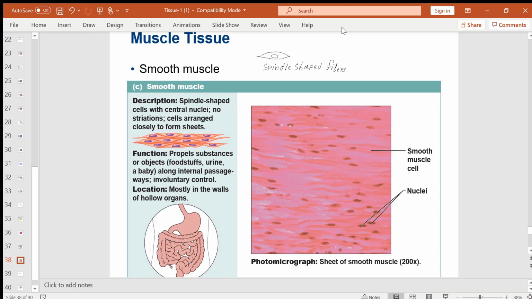And let's draw more cells, nucleus, another cell, nucleus. So you see many spindle shaped fibers or cells are grouped together to form the smooth muscle tissue. Okay, so spindle shaped fiber and single centrally located nucleus.